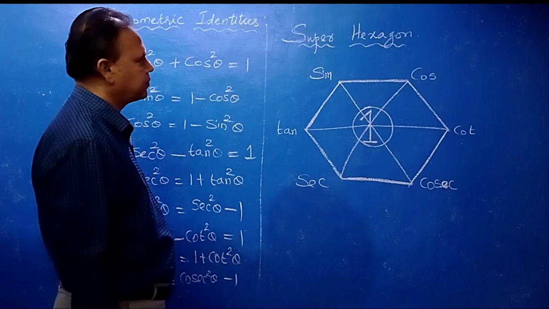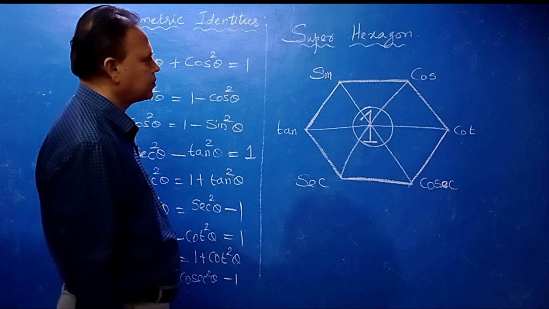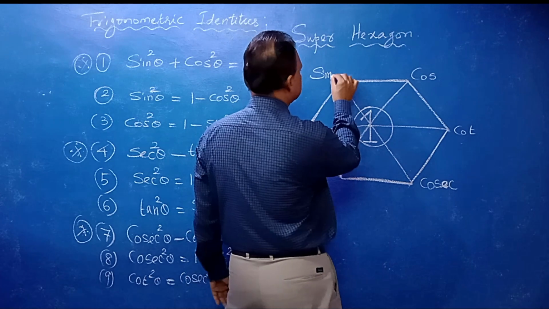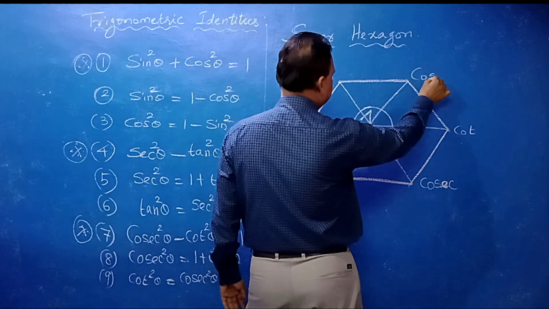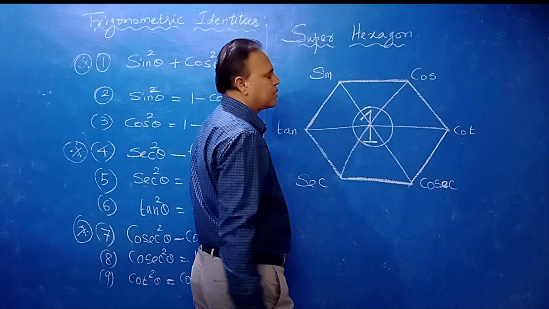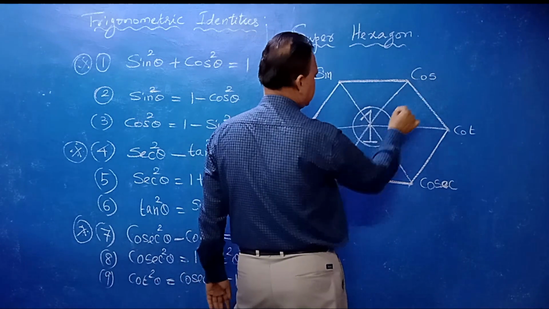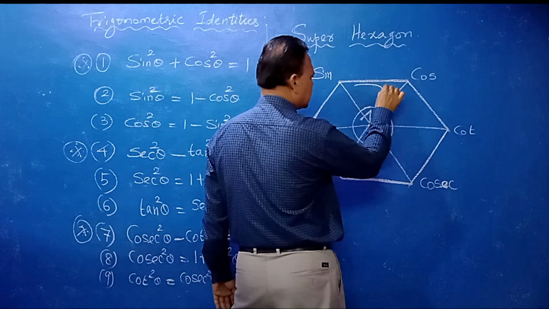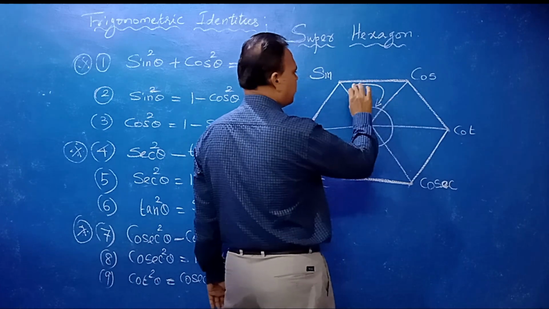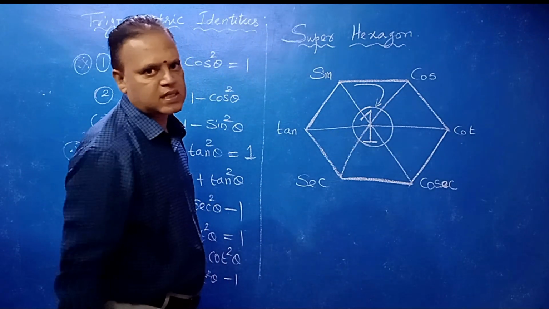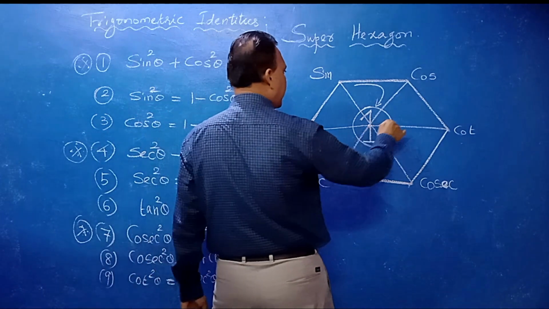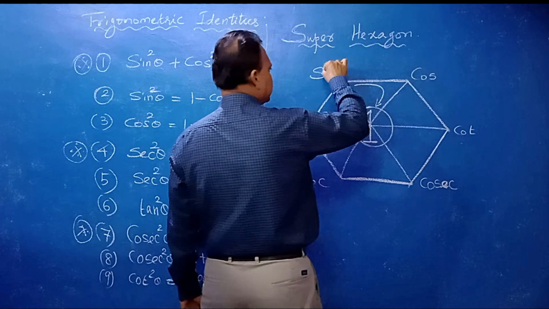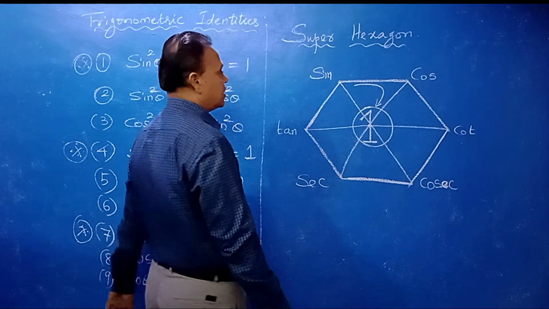Now you see sin square theta plus cos square theta is 1. You have to move like this. If you move like this, that is plus. If you move anti-clockwise, means minus. 1 minus cos square theta is sin square theta.